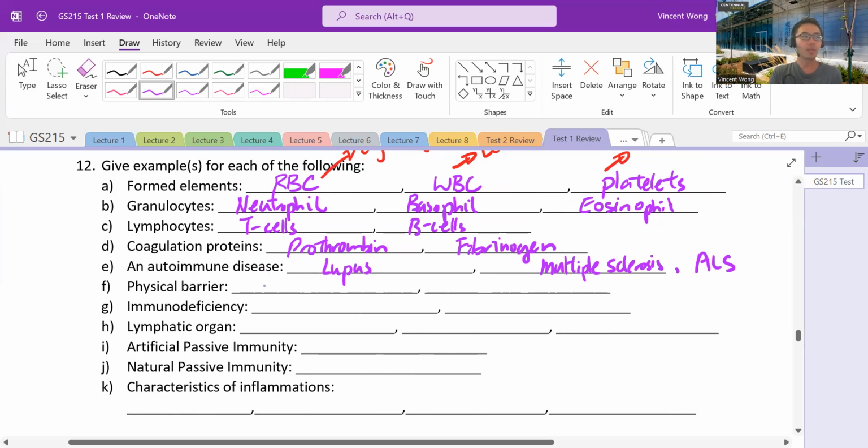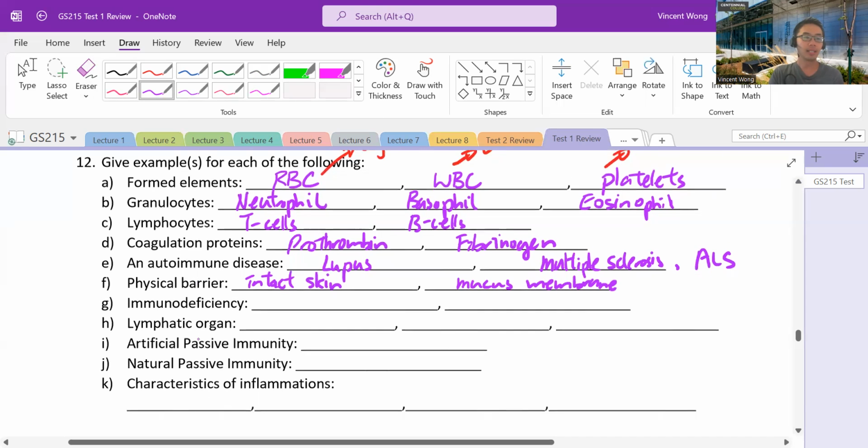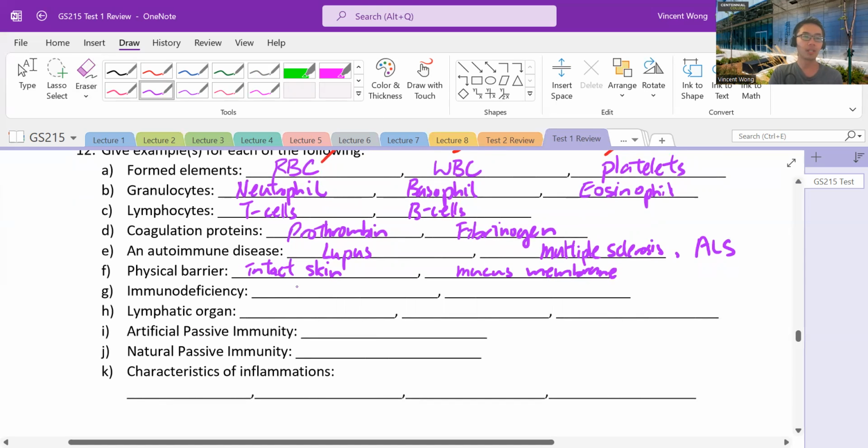Physical barriers. We have intact skin, right? We have mucous membrane, right? Normal flora. Immunodeficiency, we only learned two types, AIDS and SCID, right?